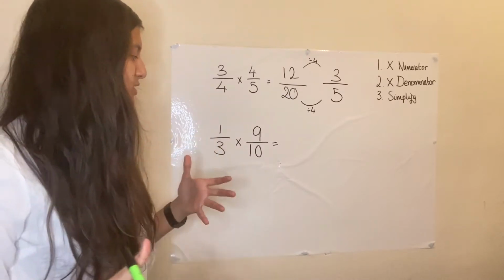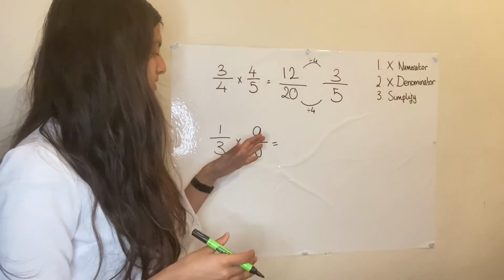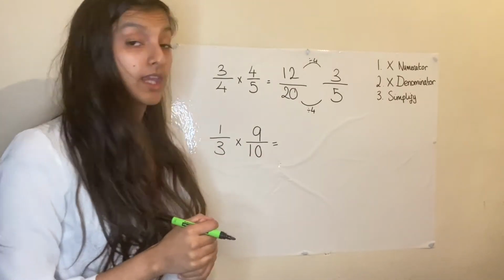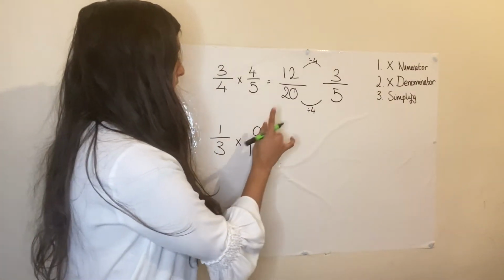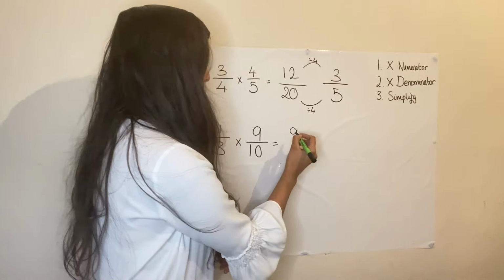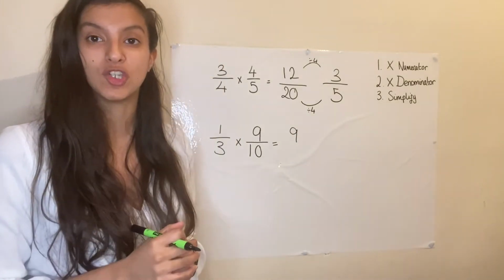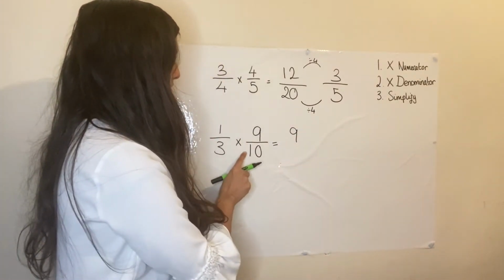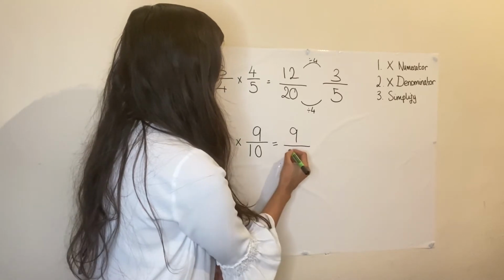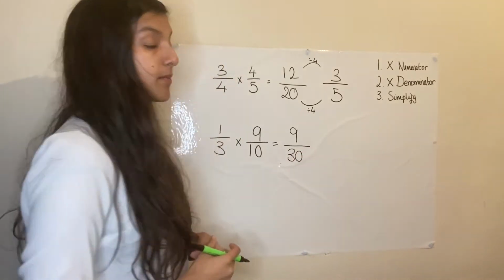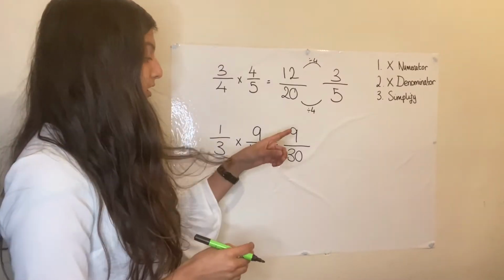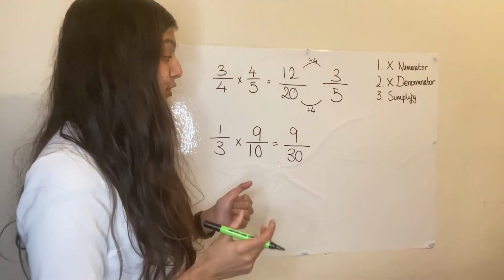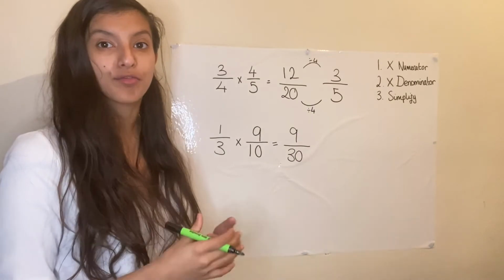Let's look at my next one. So I've got 1/3 times 9/10. So again, step 1 is to multiply my numerator. So I need to do 1 times 9, which is 9. And step number 2 is to multiply my denominator, which is 3 times 10. 3 times 10 equals 30. Step number 3 is to simplify 9 over 30. By looking at 9 and 30, I can see that 3 goes into 9 and 3 goes into 30.